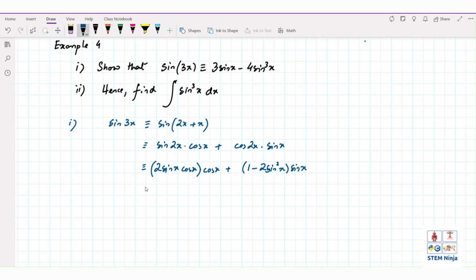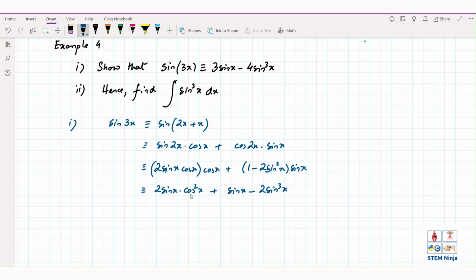So this becomes 2 sine x times cos squared x plus sine x minus 2 sine cubed x.